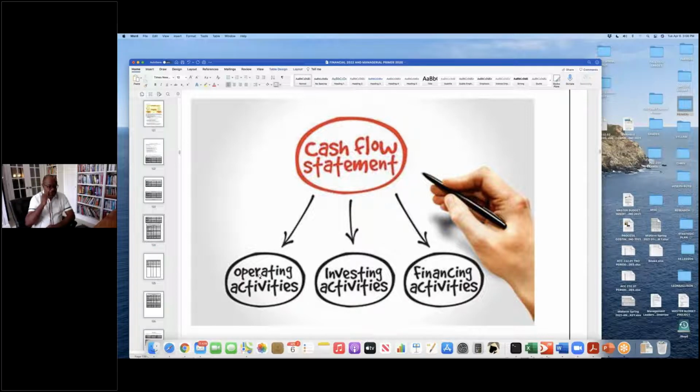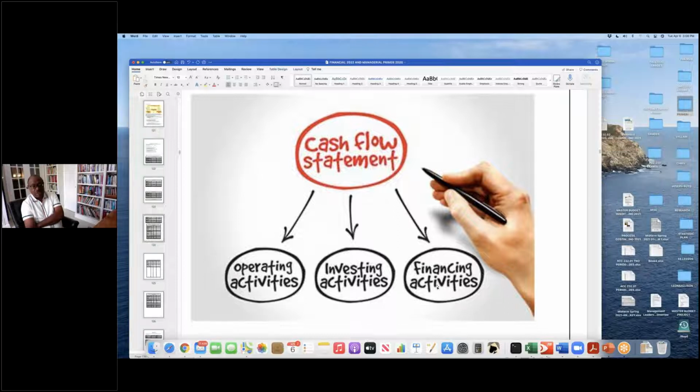Such as with you personally, when you graduate, you want enough cash, salary, which is operating, to buy some more assets, not sell assets, get a new car. And then you want to pay off your student loan. So you want enough income to buy some new assets and pay off your student loan.